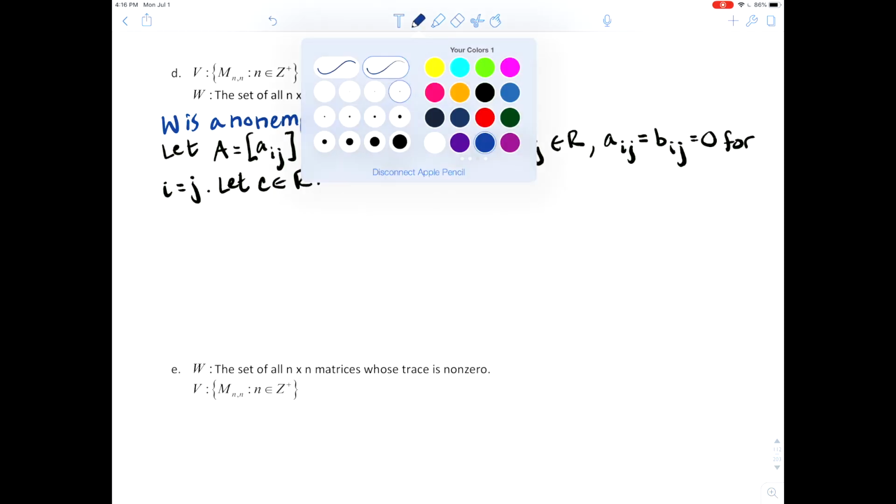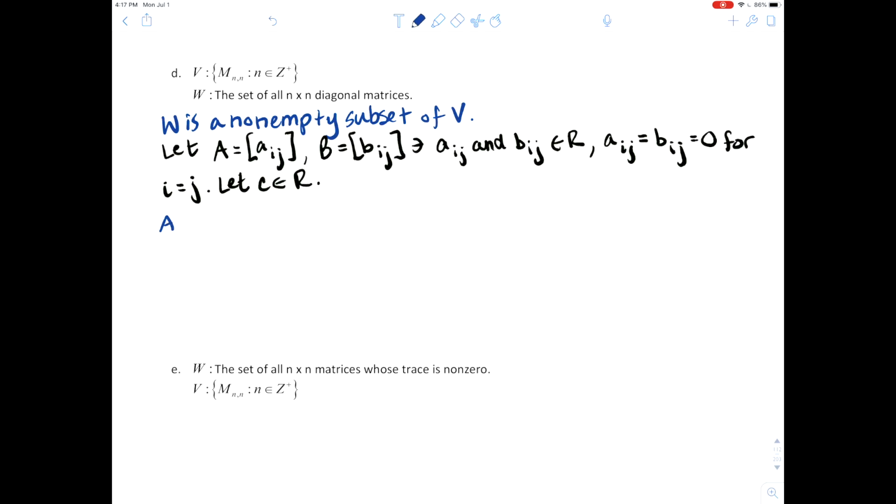All right, so let's see what we have. Well, A plus B is going to equal Aij plus Bij, which is equal to one matrix of Aij plus Bij. And what's going to happen? You'll get zeros except for potentially everywhere along the diagonal, right? So this is an element of W, right? So we're good.